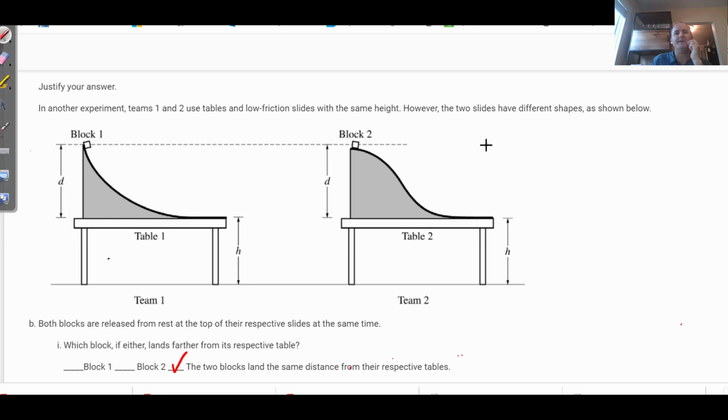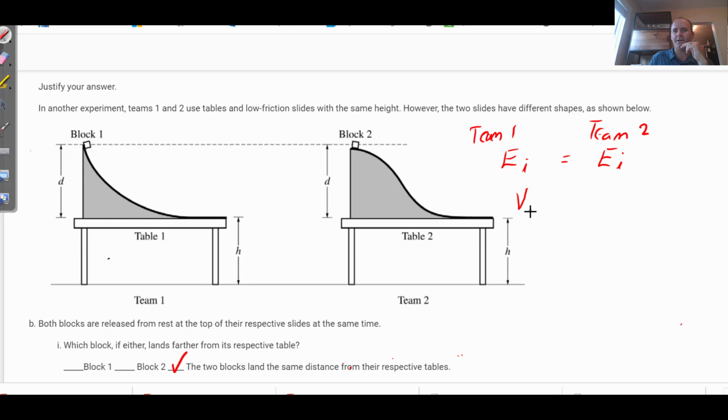And again, that's because team 1 and team 2 have the same energy. So energy initial is equal to energy initial here. So both have the same energy, and so they both have the same velocity.